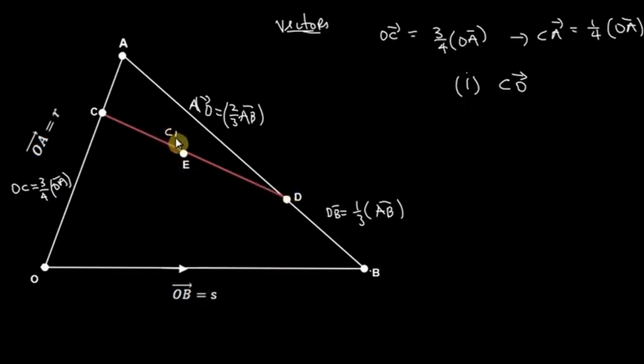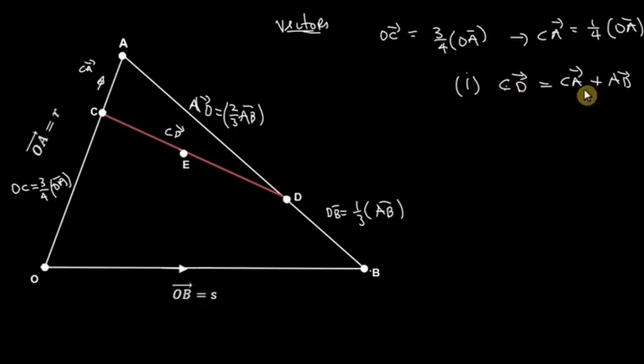It's called C to D, going in the direction of C to D. Very simply, if I start at C, I must find a path that will allow me to get to D. So I could go from C to A in this direction, and then when I get to A, I travel down to D. So C to A plus A to D. I could write CD is equal to the vector C to A, plus, I'm now at A, so get down to D, adding A to D. So I'm adding vectorially, and it's intuitive. I want to go from C to D, so I go from C to A, then A to D.